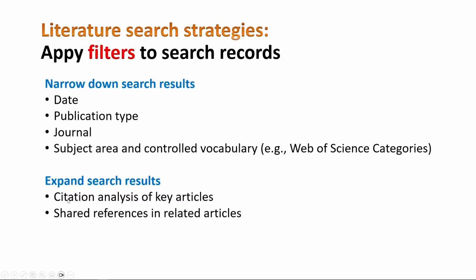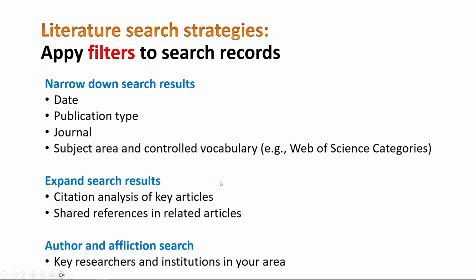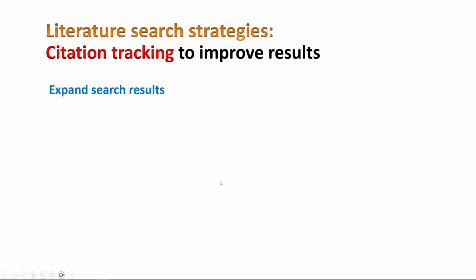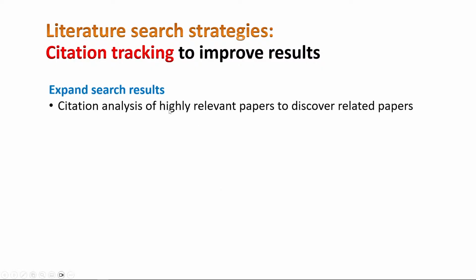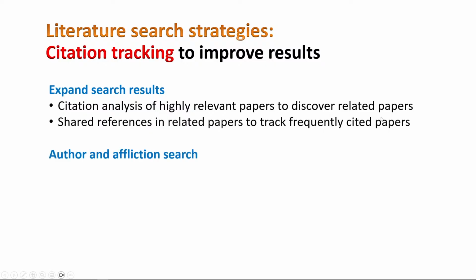So, citation analysis of key articles and author affiliation search, we looked at this. Citation tracking to improve your results, citation analysis, we looked at this with a highly relevant paper. If you find a highly relevant paper, you can use it to find more articles related to what you do.